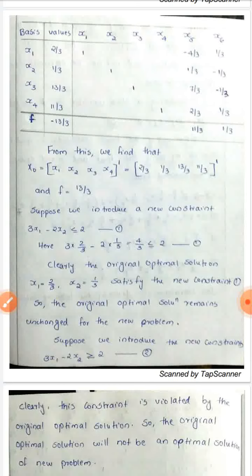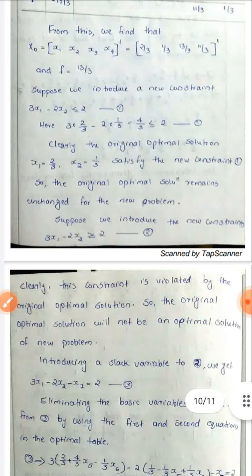Suppose we introduce a new constraint 3x1 minus 2x2 greater than or equal to 2. Clearly this constraint is violated by the original optimal solution because we find that 3x1 minus 2x2 equal to 4 by 3, which is less than 2.